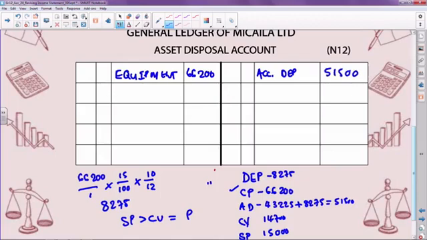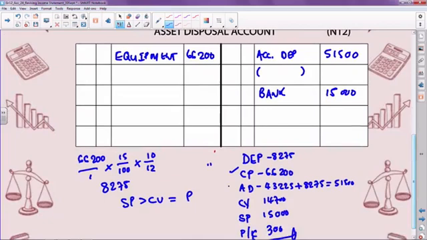51,500. It's good practice to show that calculation that you've already done there as part of your answer in your ledger account. It was sold for cash, so that's my bank figure of 15,000 Rand. And you therefore find that you've got the accumulated depreciation, you've got the selling price.